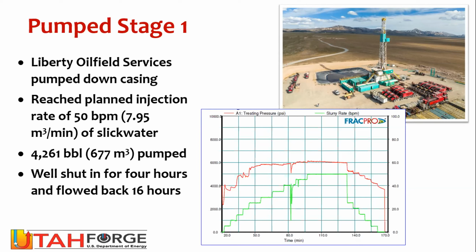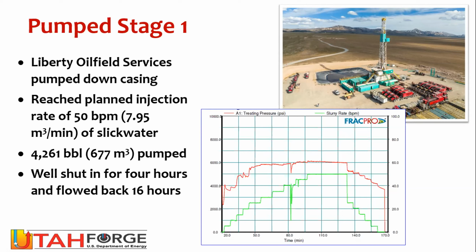Rate has the scale on the right, and pressure has the scale on the left. We walked it up in 5 barrel a minute increments because we were uncertain what was going to happen. We took it up in those increments to 50 barrels a minute, held it at 50 barrels a minute, and then shut down.